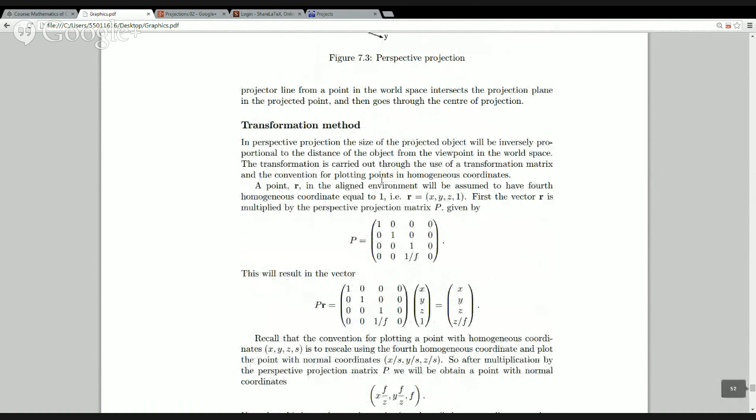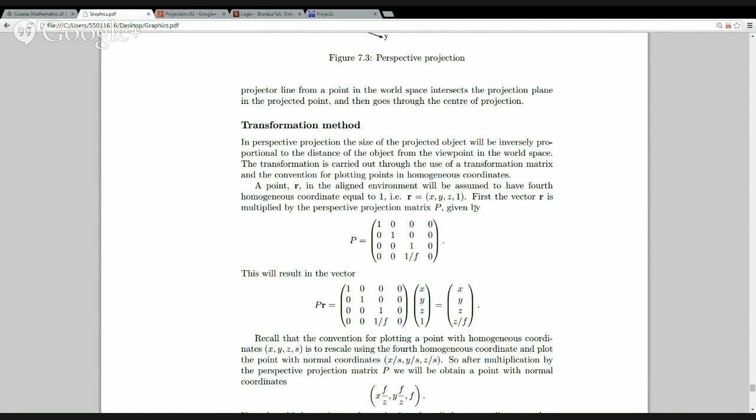Okay, so we'll treat the general point R. So we'll have a vector R, which has components x, y, z, and 1. So that'll be a typical point in the environment. And it's a two-step process.